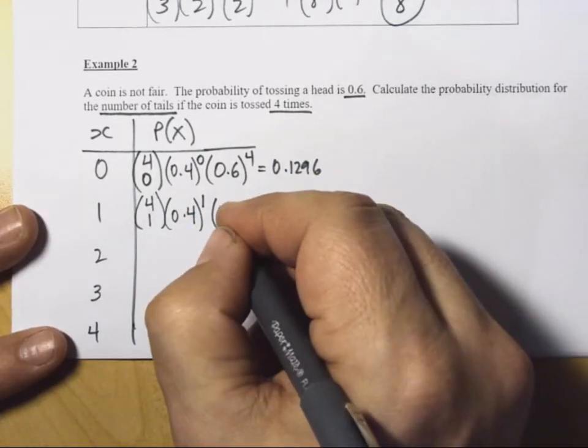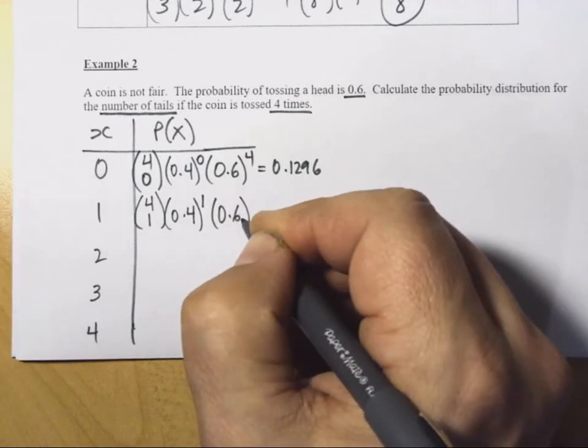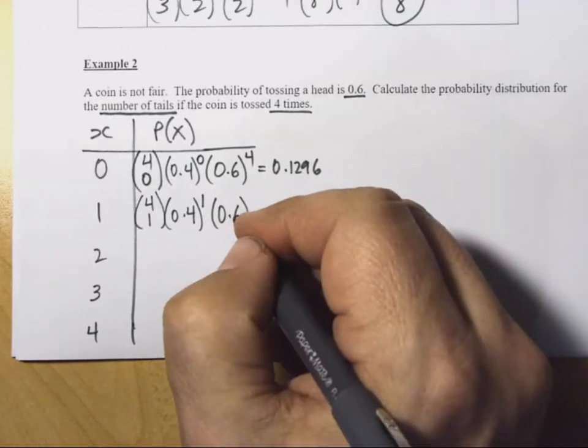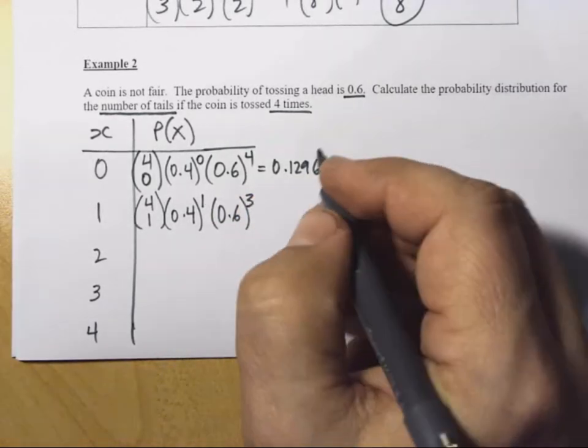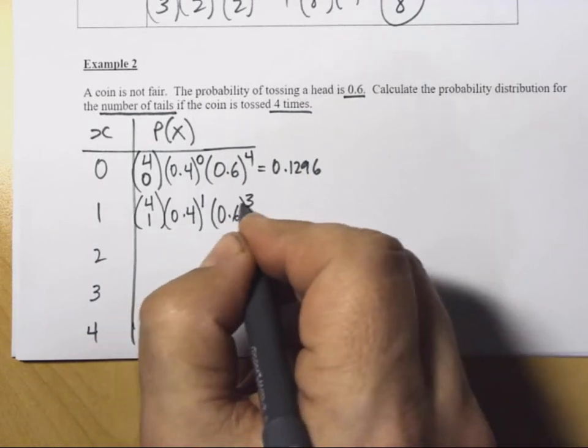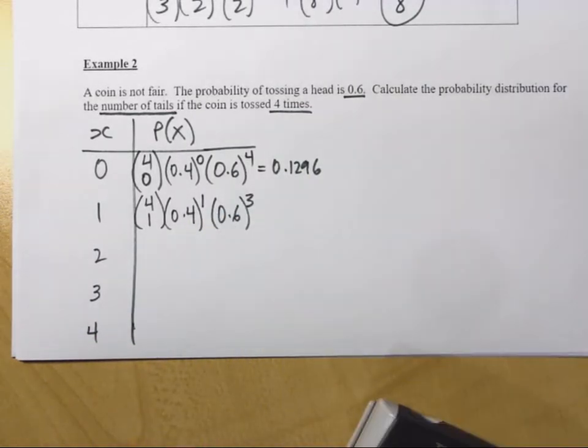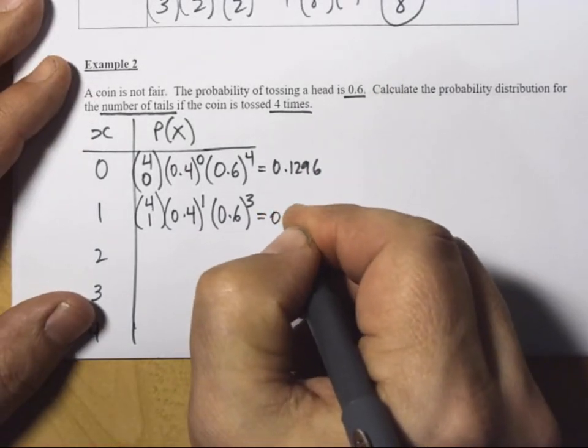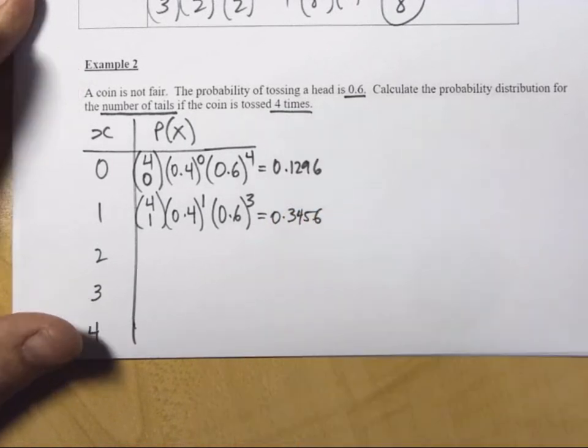Q is failure, that's 0.6, that's the probability of getting a head, and that happened 3 times. 3 plus 1 adds up to our 4 trials, and we can figure this out. 4 times 0.4 times 0.6 raised to the 3 is 0.3456.